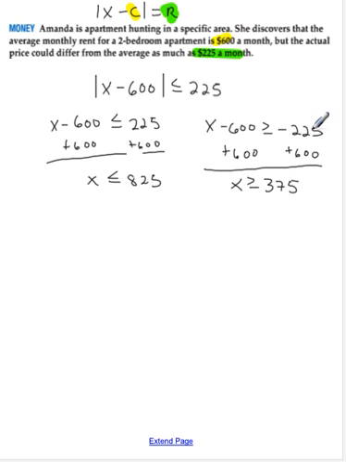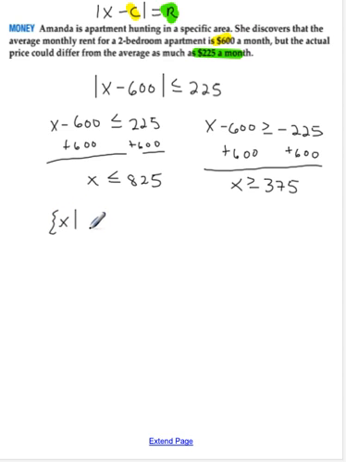75 plus 25 more is 400, plus 200 more is 600. Okay. So if I were to think about my number line, x would go, the smallest possible value would be 375. The largest possible value would be 825. That seems to make sense. So again, I can write it in two forms.